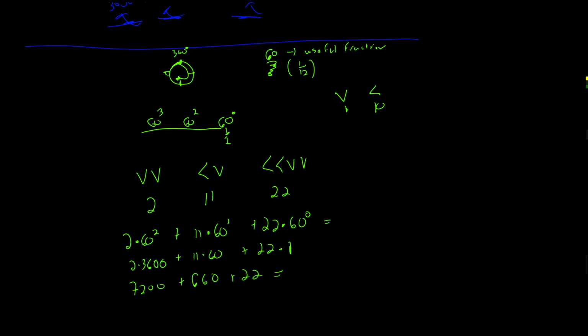And so adding them up, that's 7,882. Right? 7,200 plus 660 plus 22 is 7,882. And so we find this on some of the earliest written mathematics in Babylonian times.